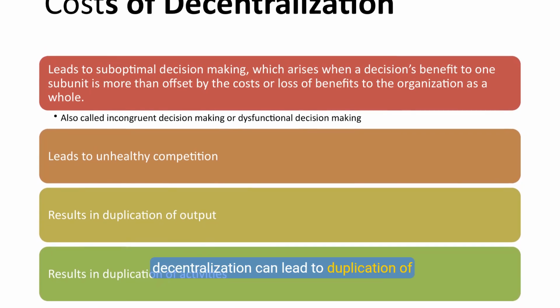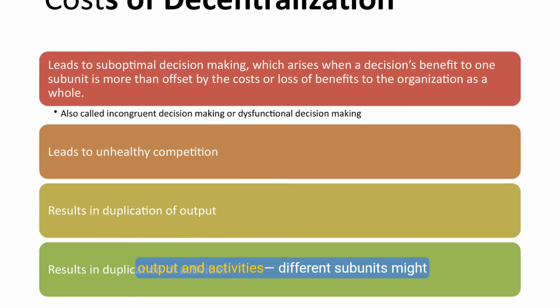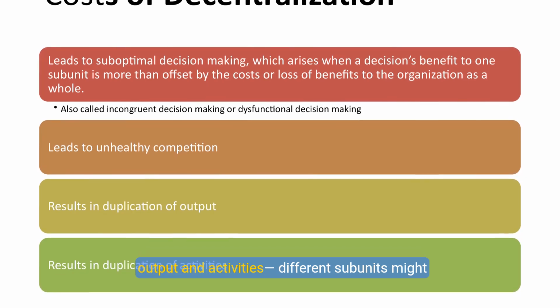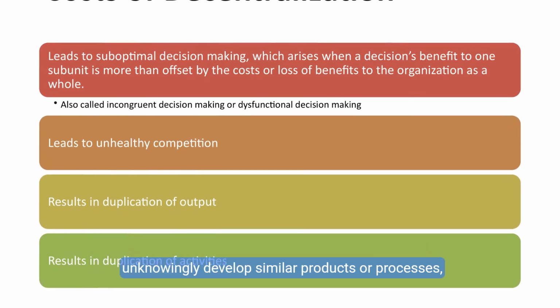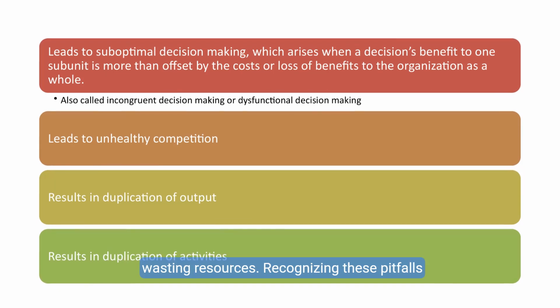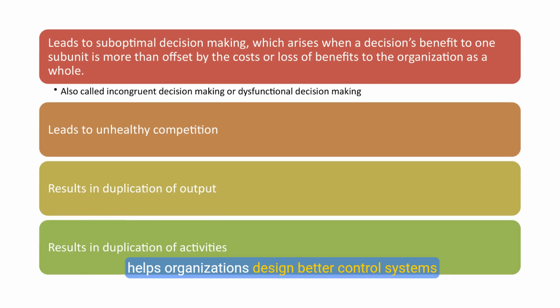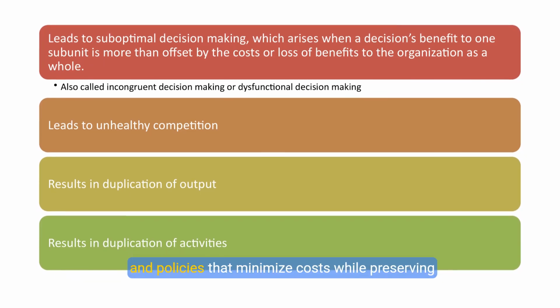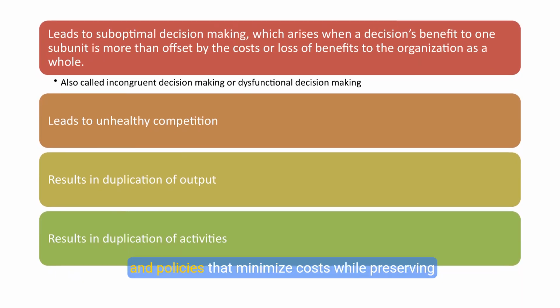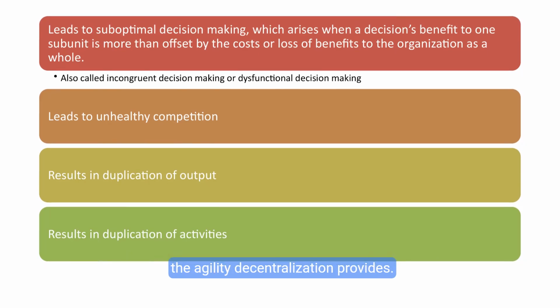Additionally, decentralization can lead to duplication of output and activities. Different subunits might unknowingly develop similar products or processes, wasting resources. Recognizing these pitfalls helps organizations design better control systems and policies that minimize costs while preserving the agility decentralization provides.